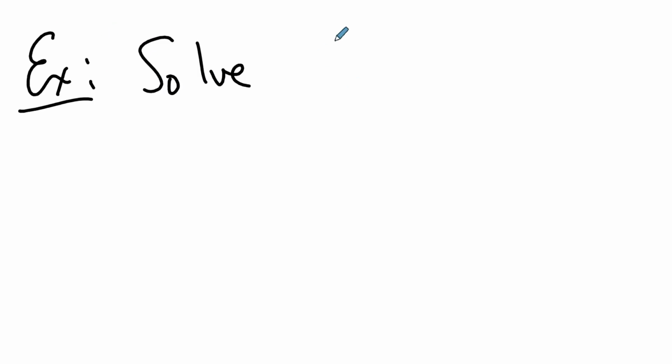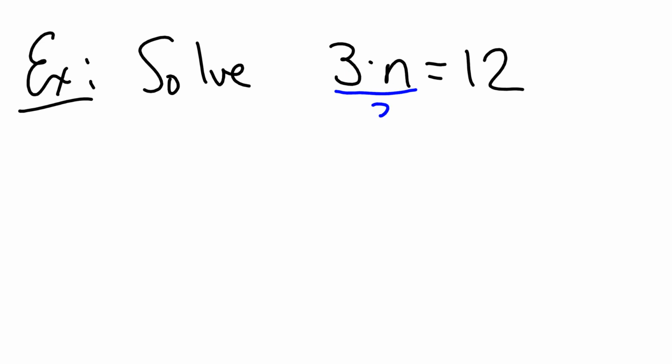These are the properties that we use, like if we're going to solve 3 times n equals 12. Well, okay, this is the stuff you did in Algebra 1. I want to get n by itself, so I want to get rid of the 3. Well, how do we get rid of the 3? Well, we divide both sides by 3. Well, why does that work?